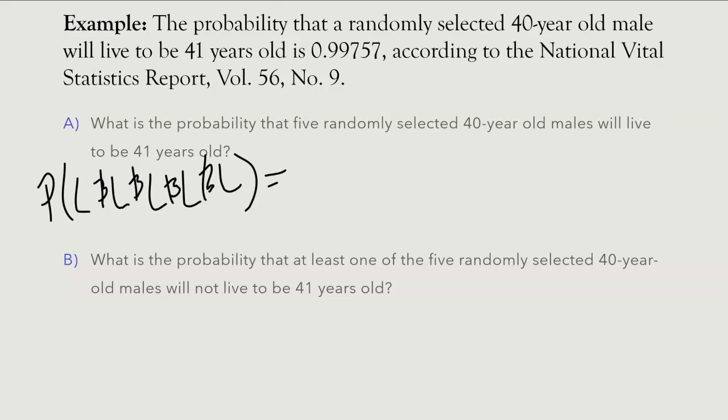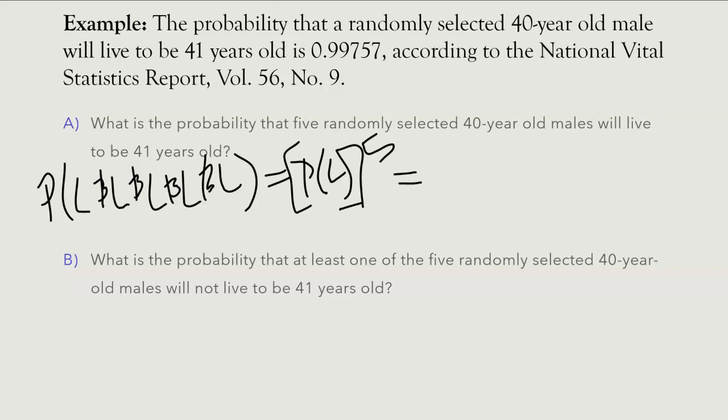So we would find this probability by multiplying the probability of L 5 times. It will be the probability of L times the probability of L times the probability of L times the probability of L times the probability of L, which is the same as the probability of L to the 5th power.